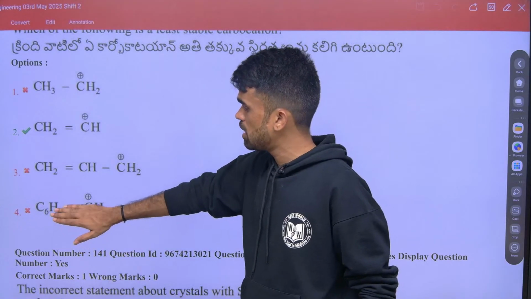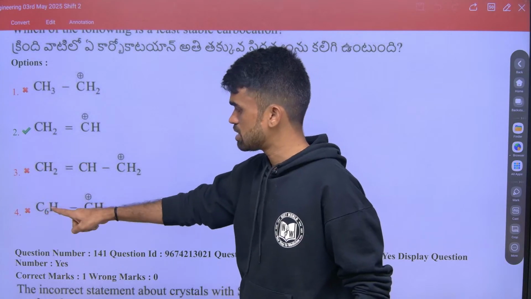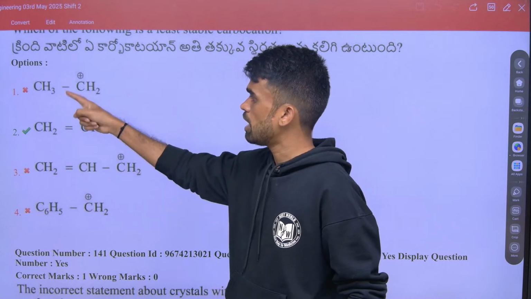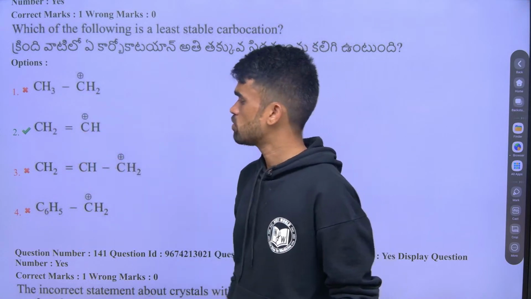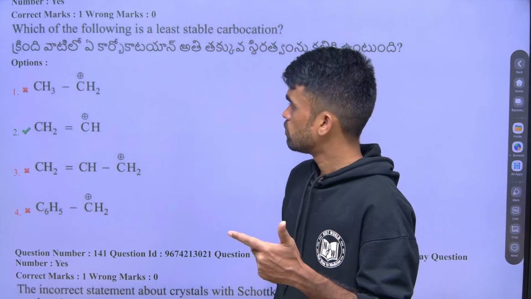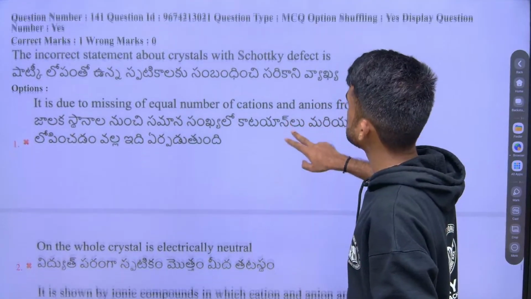This is highly stable, and after this one is a little less stable, and these are least stable. So what is the order? The most stable is 4, after that 3, 1, 2. This is how you can arrange them in order of decreasing stability.